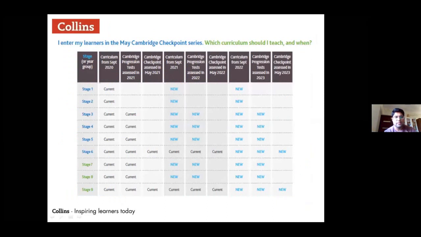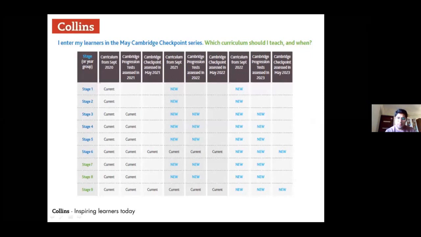Now you might ask, what if, in many of our schools in India, our learners basically take the May exam, right? They take the April session, which is actually the May-June session for Cambridge. So if your students are taking the April session, then if you observe very carefully stages 7, 8, and 9, when are you supposed to start teaching?